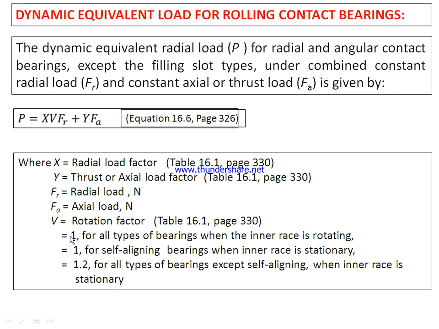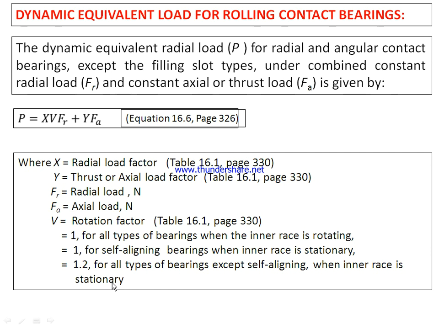And normally the values of V are like this. It is equal to 1 for all types of bearings when the inner race is rotating, and it is equal to 1 for self-aligning bearings when the inner race is rotating, and it is equal to 1.2 for all types of bearings except self-aligning when the inner race is stationary.